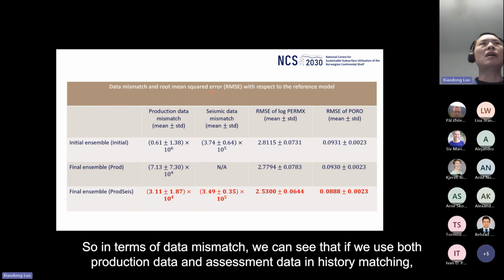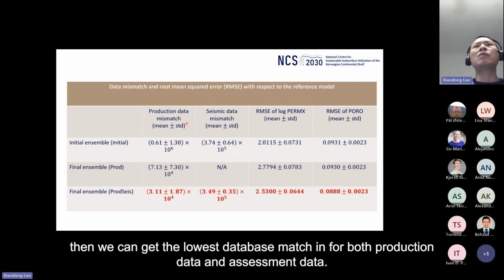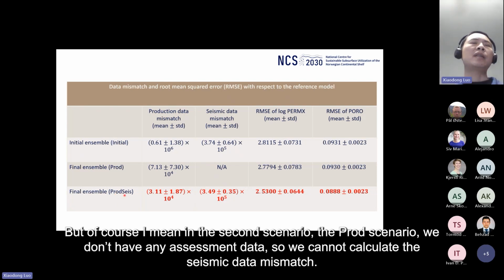In terms of data mismatch, we can see that if we use both production data and seismic data in history matching, then we can get the lowest data mismatch for both production data and seismic data. But of course, in the second scenario, the prod scenario, we don't have any seismic data, so we cannot calculate the seismic data mismatch.